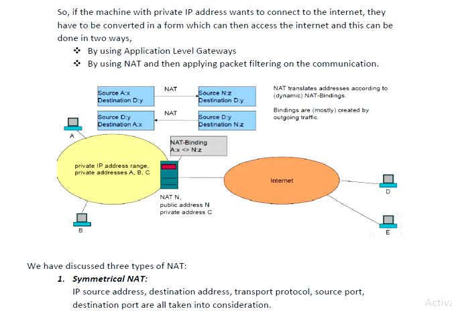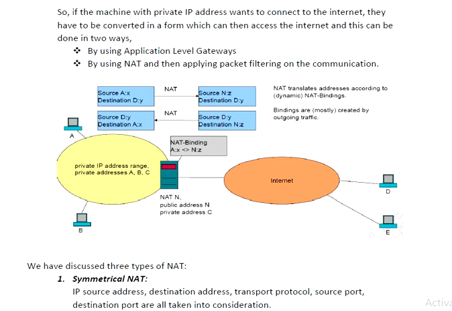In a practical video I'd like to show you the second one, that is NAT and applying packet filtering. But here we are going to discuss only the theoretical aspect.